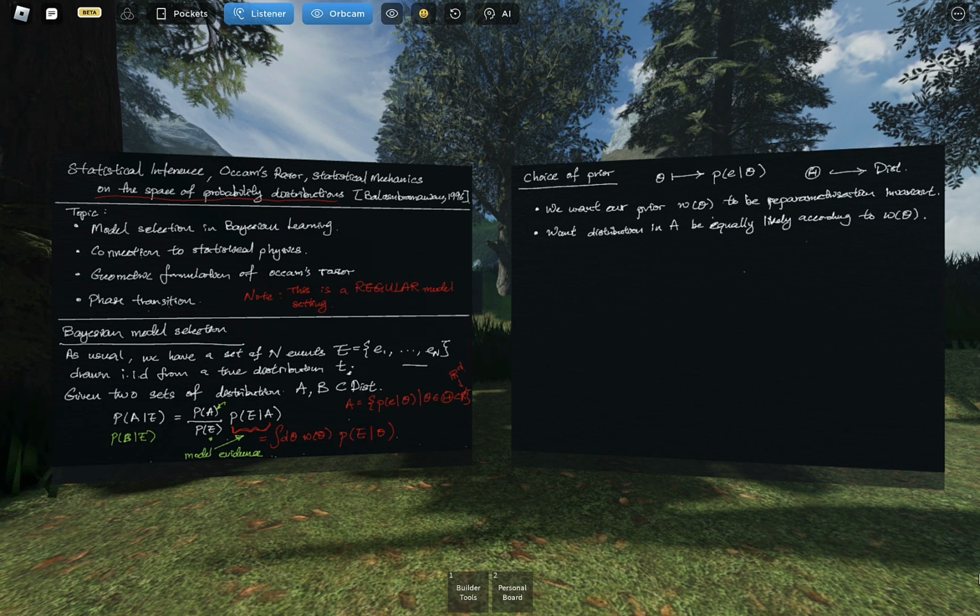Okay, but then this is a statement about the continuum. There is a continuum amount of distributions that we're talking about. So we need to deal with that, right?